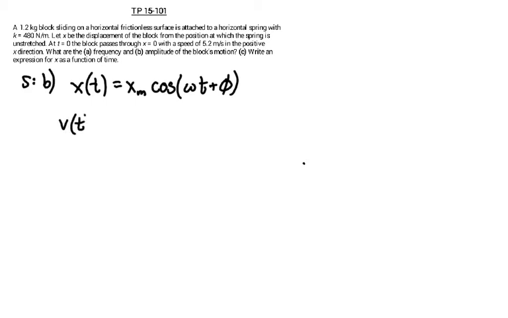It is what we have listed here. So our speed as a function of time is the first time derivative of our position function, which is dependent on time. Okay, so let's pause the video. I want you to execute this first time derivative of our position function.